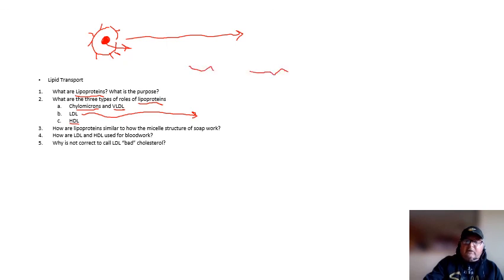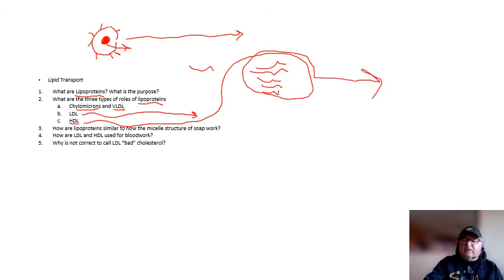If you get too many of those, they could all come together and form a plaque on your artery walls, and then you could end up getting a heart attack or a stroke. So what the HDL does is it goes out and collects these and carries them to your liver, where they get broken down into bile.